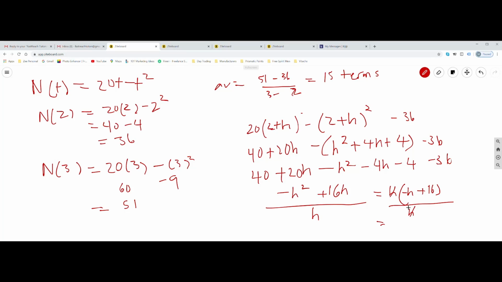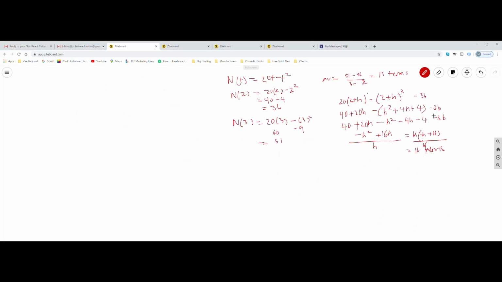Then when you substitute 0 into h, you're left with 16. So you get 16 terms. Let's go on to the next question.